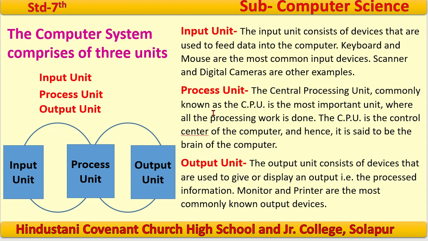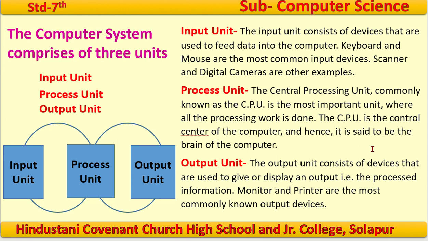Next is the process unit. The processing is done in this unit. The central processing unit, commonly known as the CPU, is the most important unit where all the processing work is done. The CPU is the control center of the computer and hence it is said to be the brain of the computer.